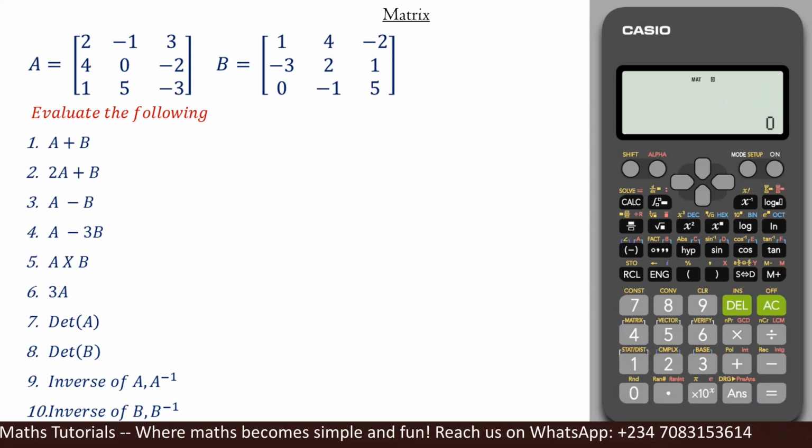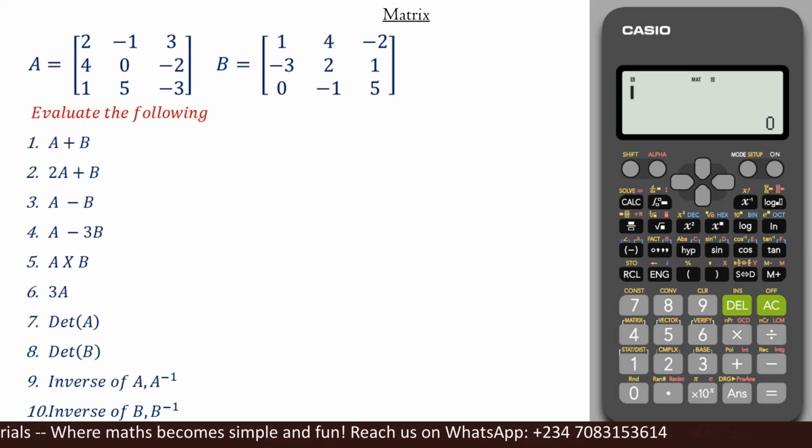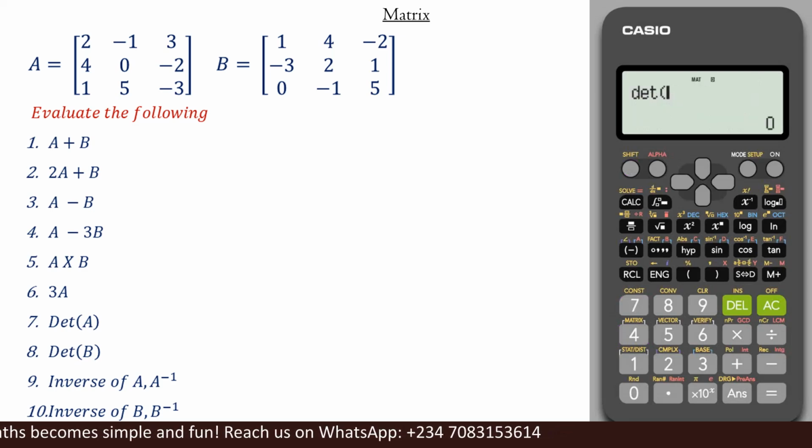Let's see how we can find the determinant of a matrix. The determinant of a matrix. Now what do we do? We say shift, we go to matrix. Now look at option 7. It says det. What does it mean? Determinant. So determinant of what?